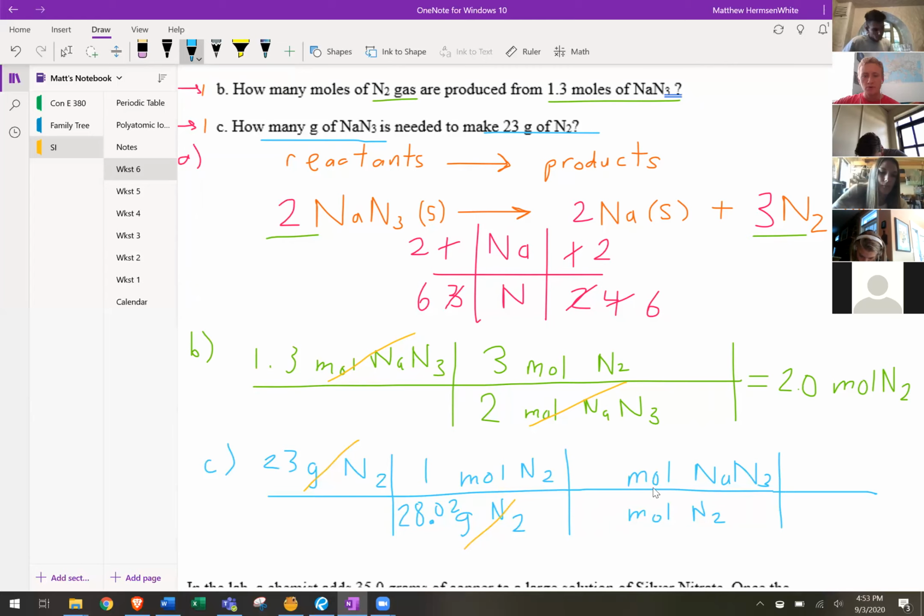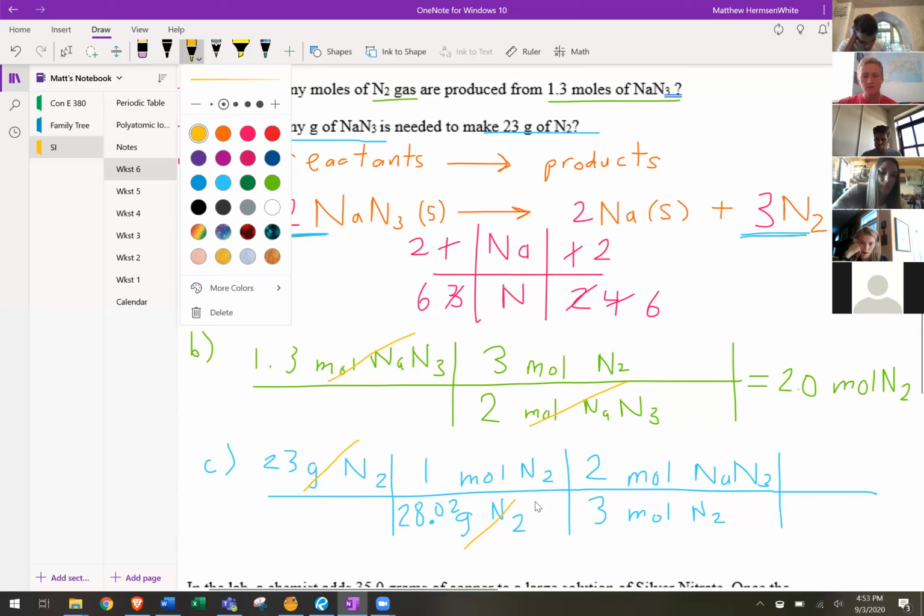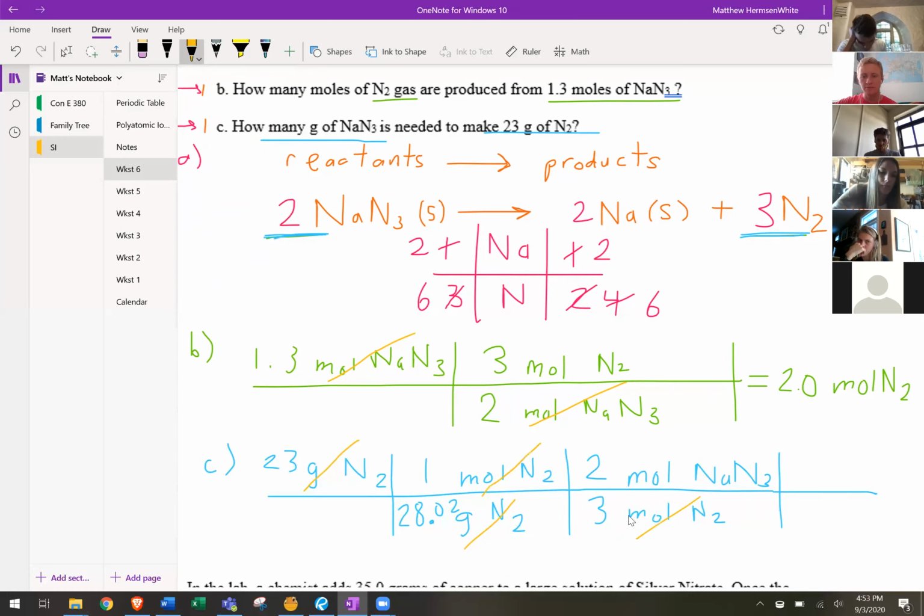So we have a mole to mole ratio. Again, here we're going to look at the balanced equation. So we have 3 N2s makes or requires 2 moles of NaN3. I'm grabbing the numbers right from the balanced equation. And once again, moles N2 cancels top and bottom.